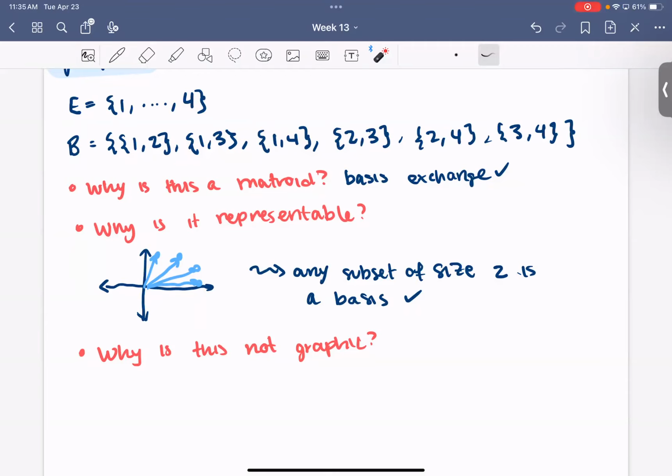Okay, does anyone have an argument for why this is not a graphic matroid?